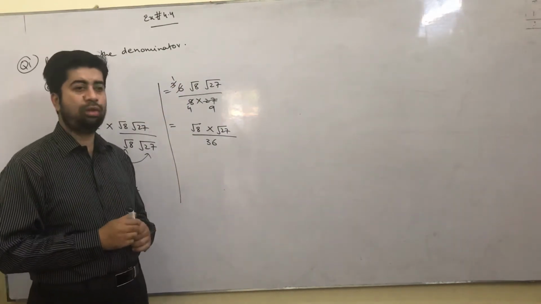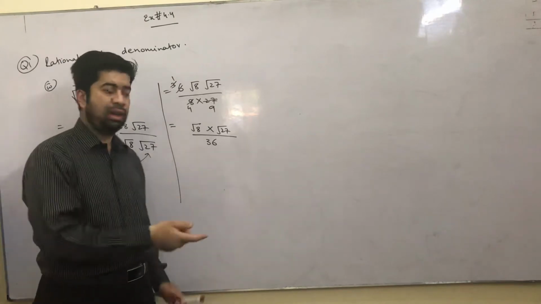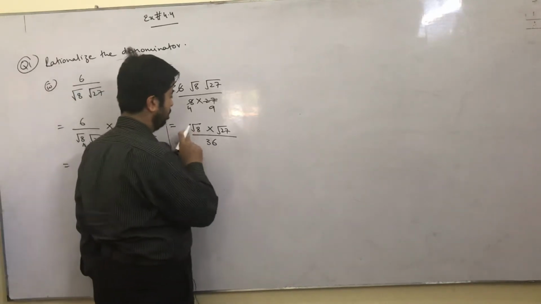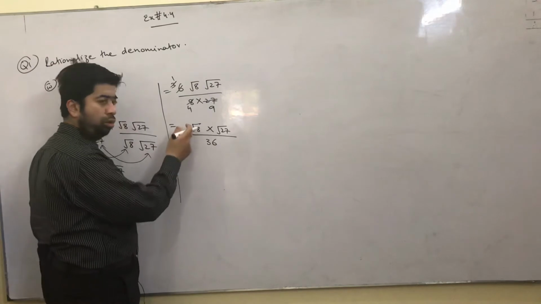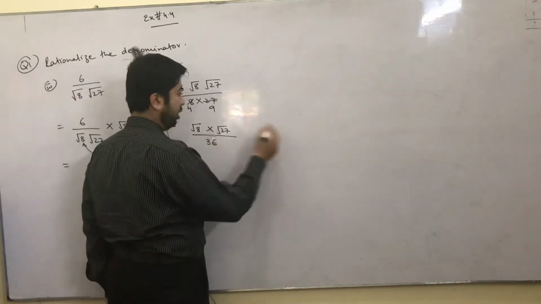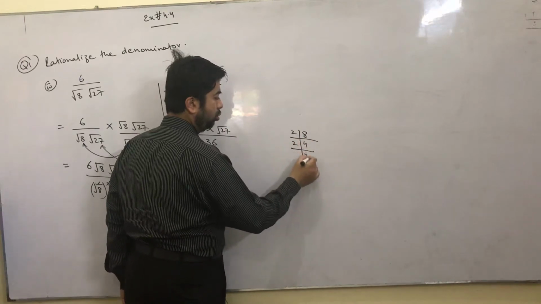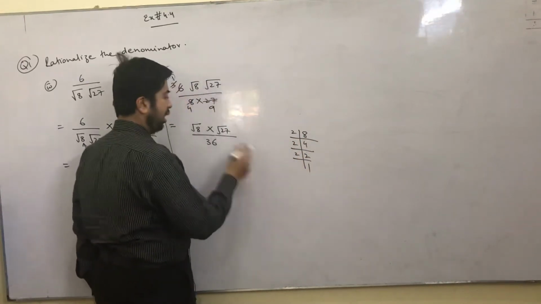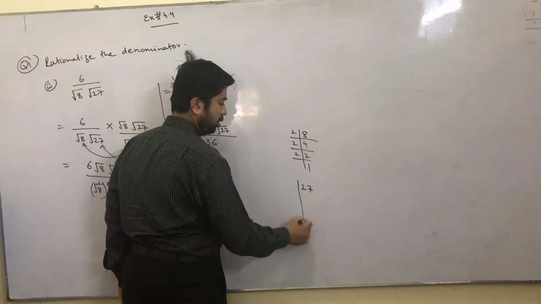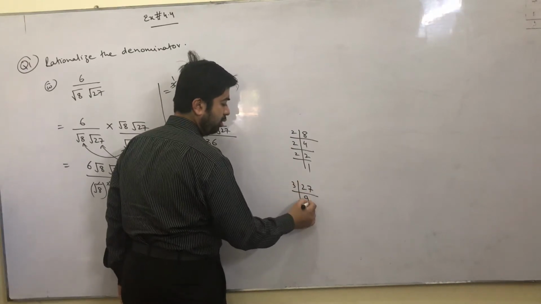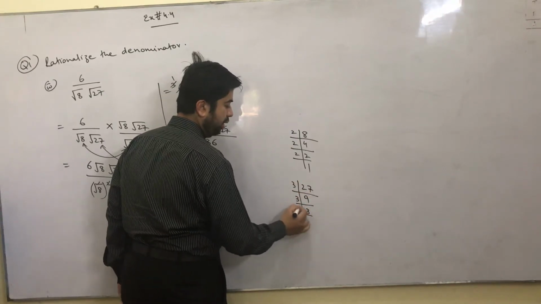So for that purpose you can solve it further, like you have to simplify this square root 8. You know that for square root 8, after taking the LCM of 8, 2 4s are 8, 2 2s are 4, 2 1s are 2. And for 27, 3 9s are 27, 3 3s are 9, 3 1s are 3.